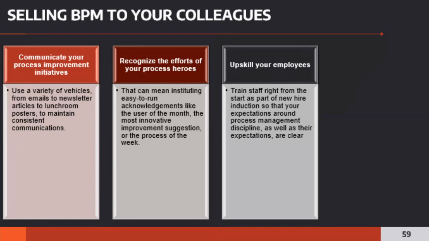Make sure that your employees are well taken care of in terms of their skills, their abilities, their capabilities, right? So that you can be clear about what you will expect as a manager and what they will expect as a worker within the organization. Okay, so upskill their talents.